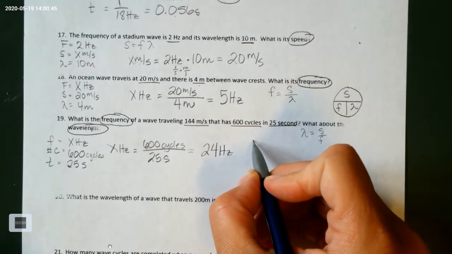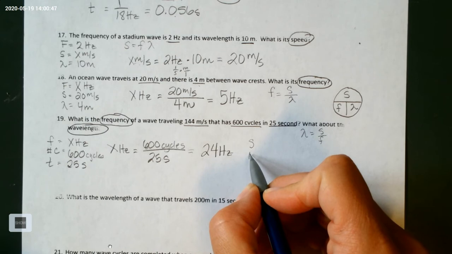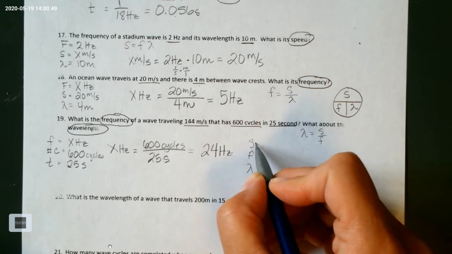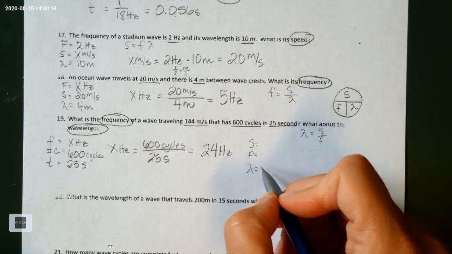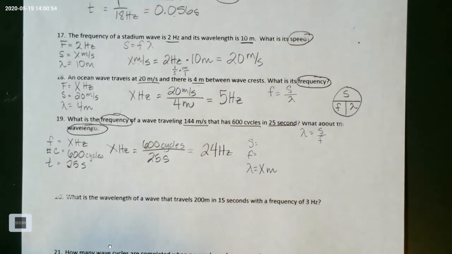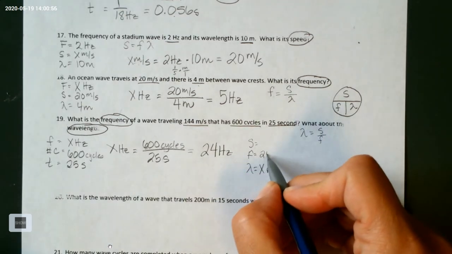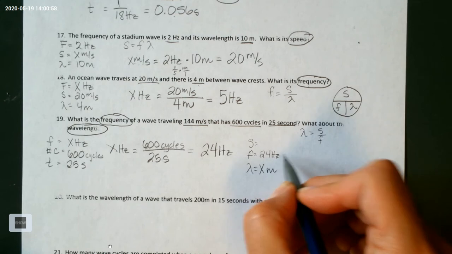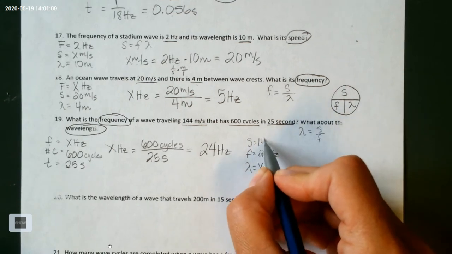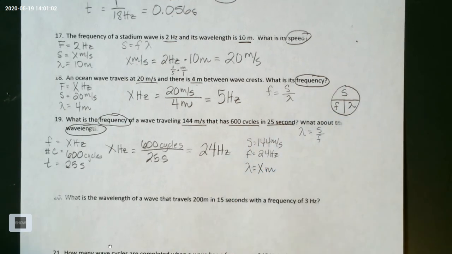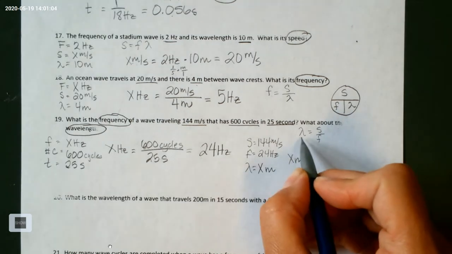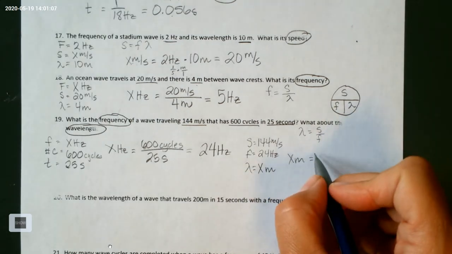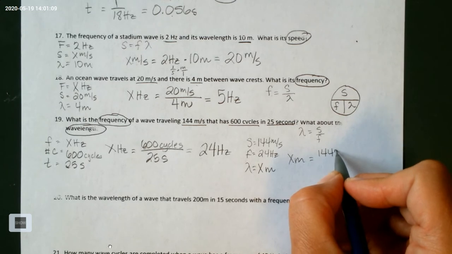We have a speed, a frequency, and a wavelength. And we're looking for wavelength, so it's X meters. Frequency is what we just found, 24 hertz. And speed is 144 meters per second. So we go X meters, which is our wavelength, equals our speed, 144 meters per second.